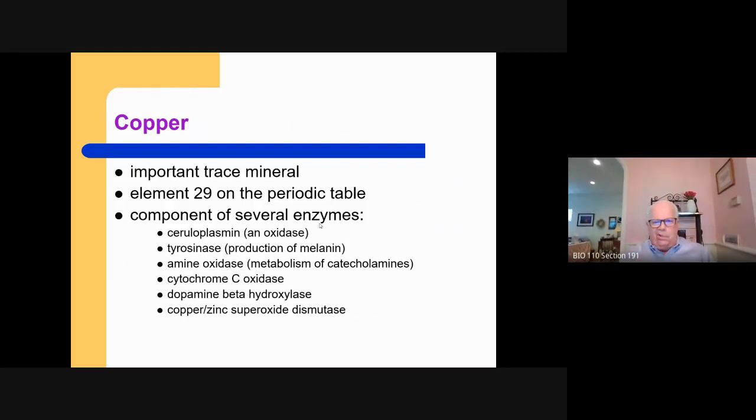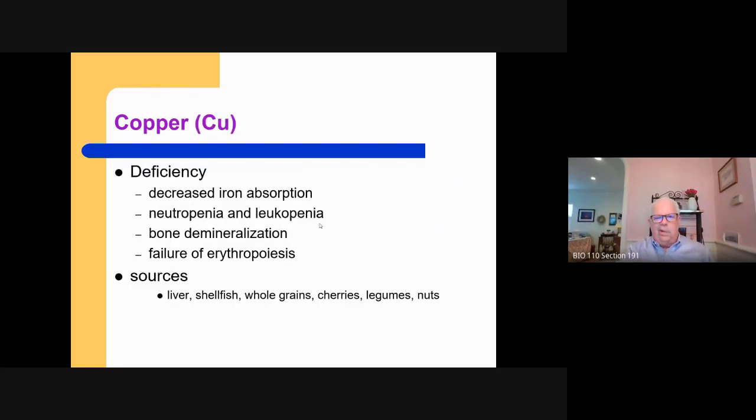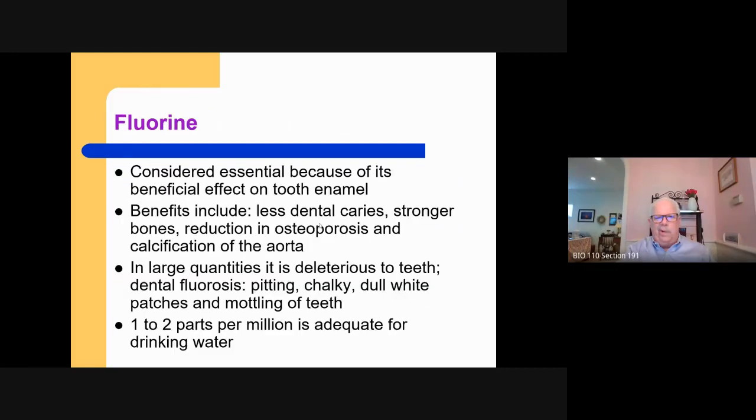Copper is a trace mineral that is involved in enzymes. I'm not going to ask you any questions on copper. Don't worry about copper, but worry about fluorine. Fluorine is essential in your tooth development.